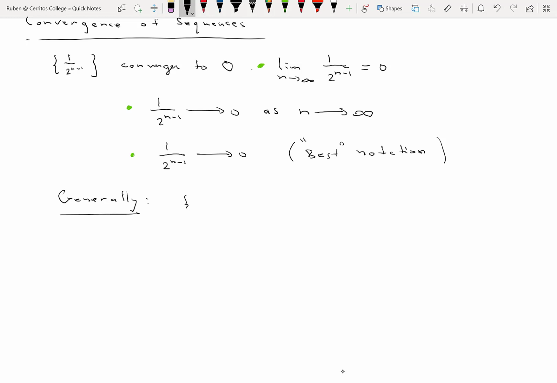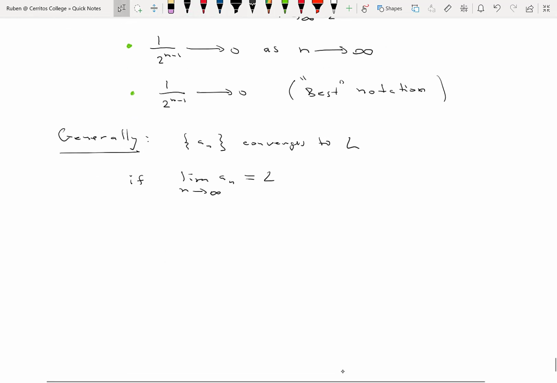The sequence a sub n converges to L if the limit of a sub n as n approaches infinity equals L. This notation can be simplified.